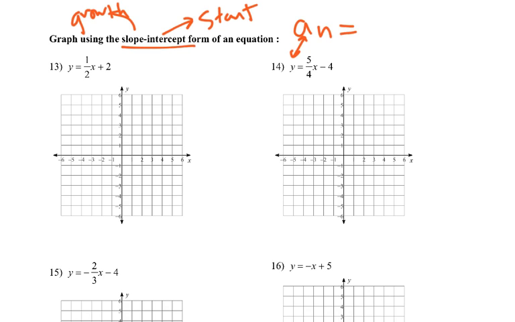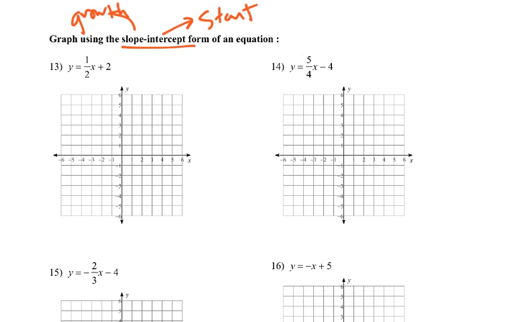And normally we did the starting number and then the growth. So if we're looking at number 14, that's kind of what we've been used to seeing. But it doesn't matter, okay? It doesn't matter which order you put them. What matters is that the growth is always with the variable and the starting number isn't, okay?